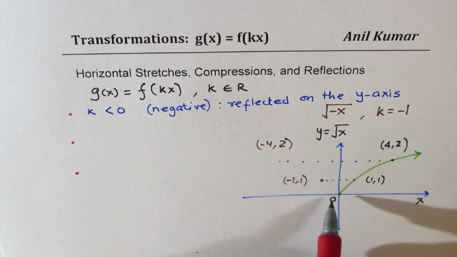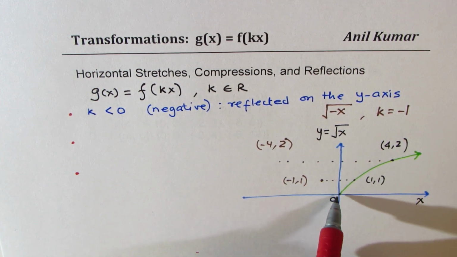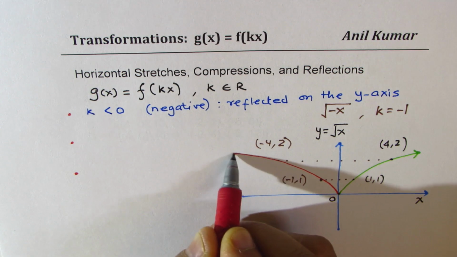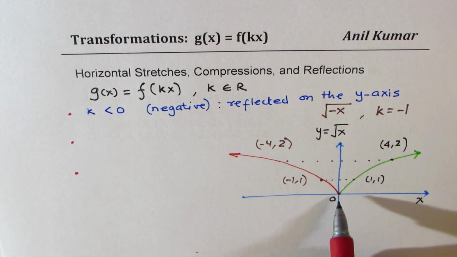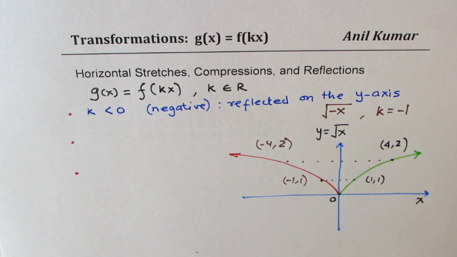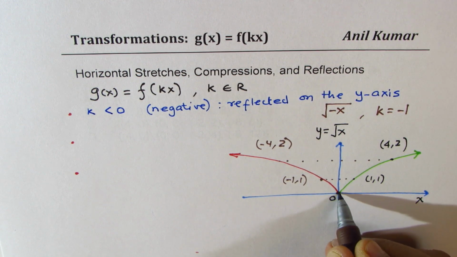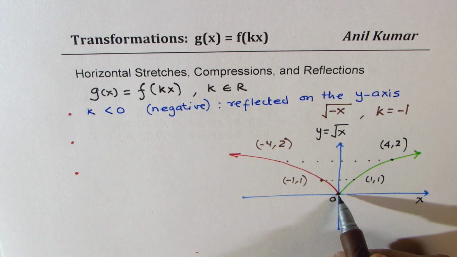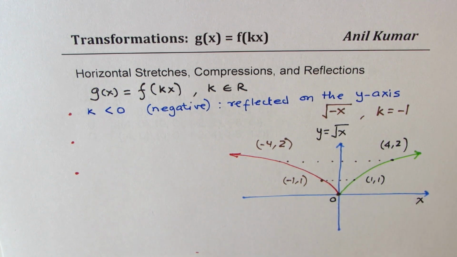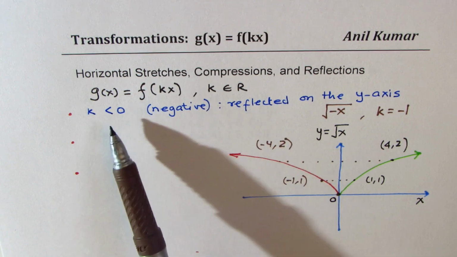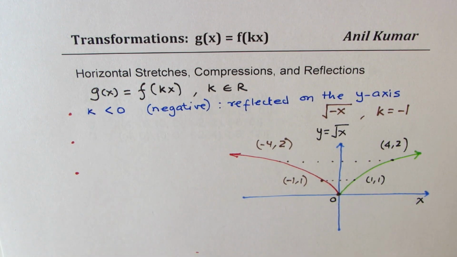So this graph will now be reflected and it will look like this. And of course the origin, 0, gets multiplied by negative, it remains 0. So this is an invariant point, it doesn't change. Do you see that? So that is the effect when the k value is negative.